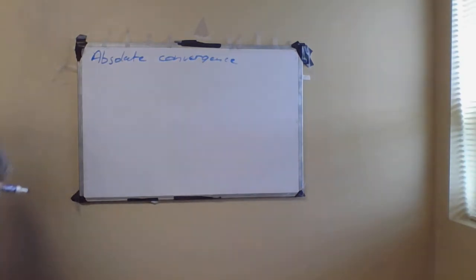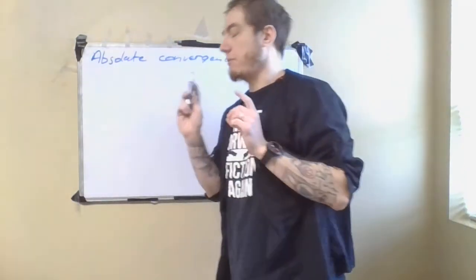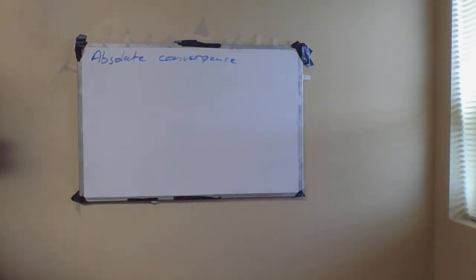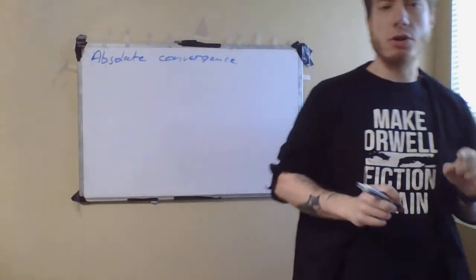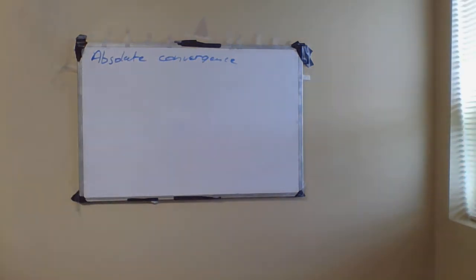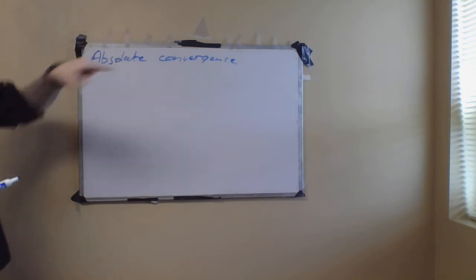And then we're going to look at something called alternating series. Now, absolute convergence is a very strong condition, but it's also one of the easier ones that we can test for in some ways. So it's really important. But it also turns out that it has some very interesting properties.